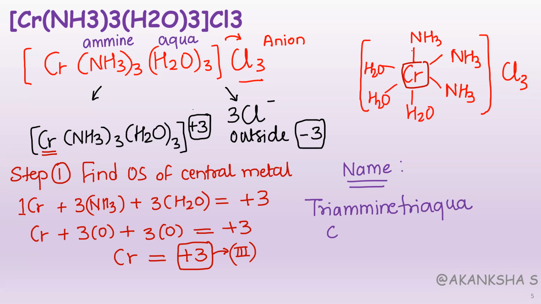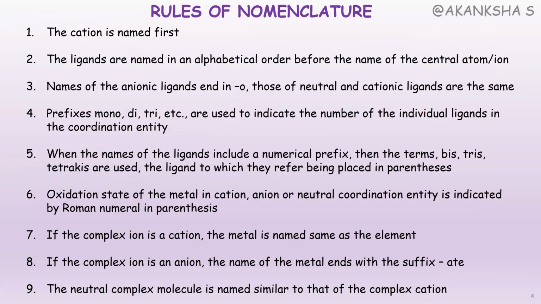Whenever your complex is carrying a positive charge, your metal should be named as it is. Let me show you over here. Whenever the complex is a cation, what do you mean by complex is a cation? Your complex is carrying a positive charge. So whenever your complex is carrying a positive charge, metal is named same as the element.